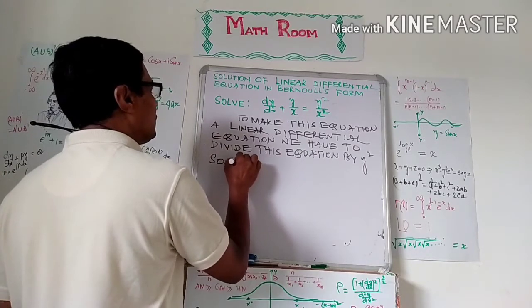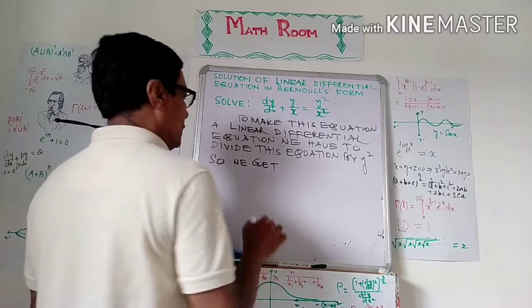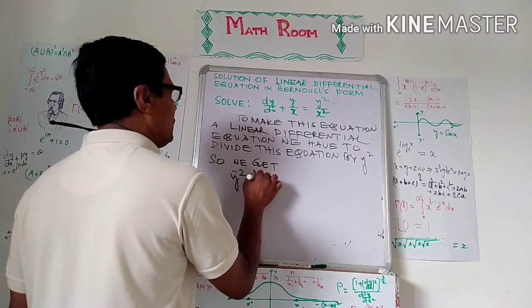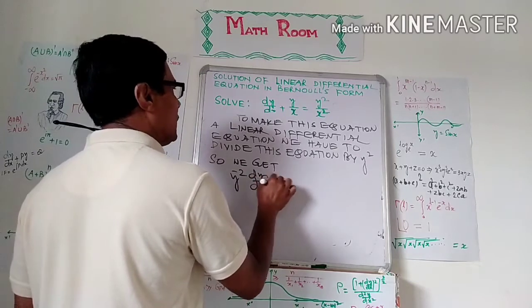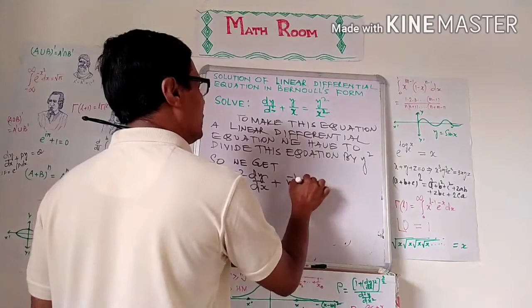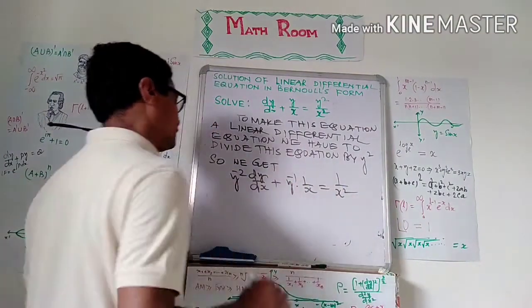y to the power minus 2 dy/dx plus y to the power minus 1 into 1 by x equal to 1 by x square.